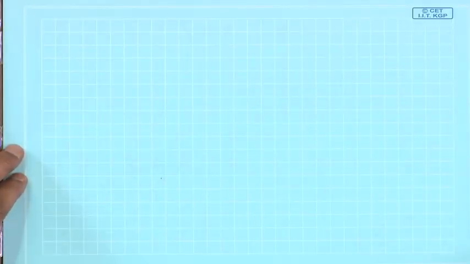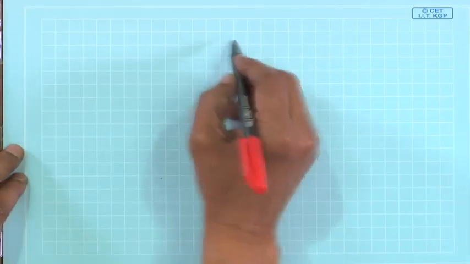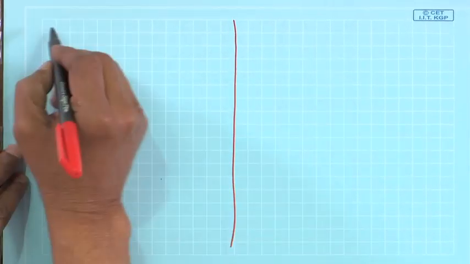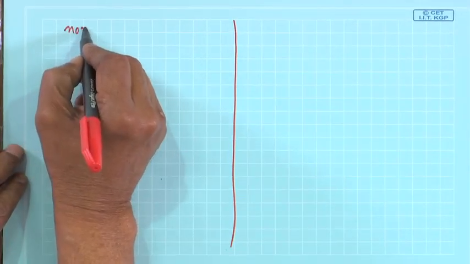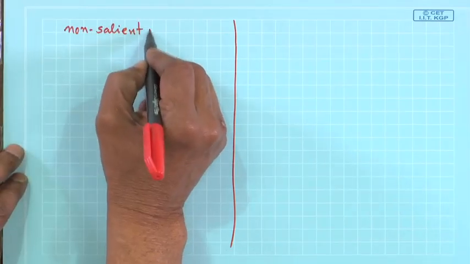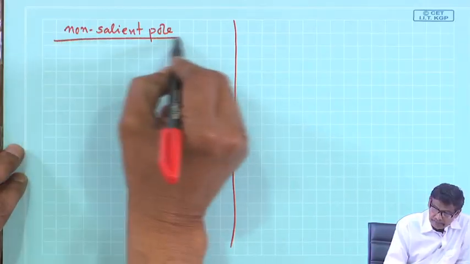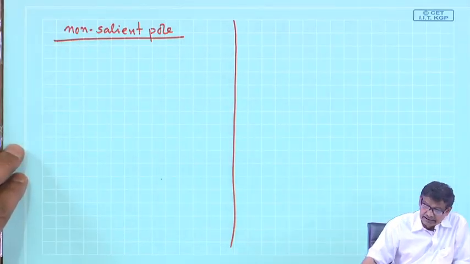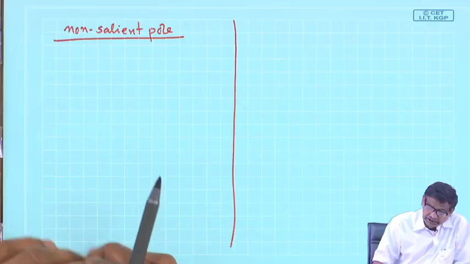Now, we will switch over between salient and non-salient pole machines. For example, suppose I ask you very quickly, so that you can do it. Suppose it is a non-salient pole machine, that is, a cylindrical rotor synchronous machine.